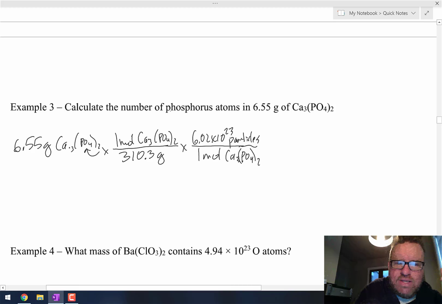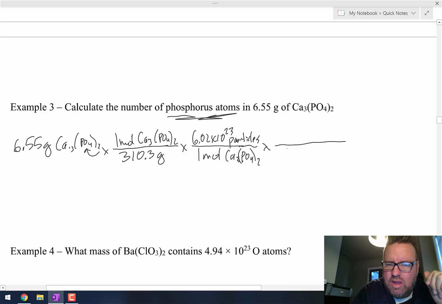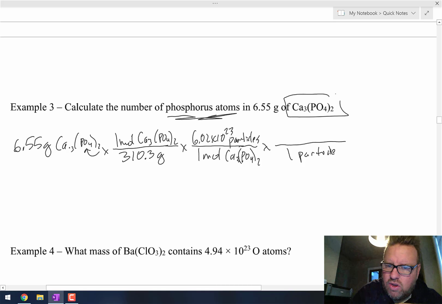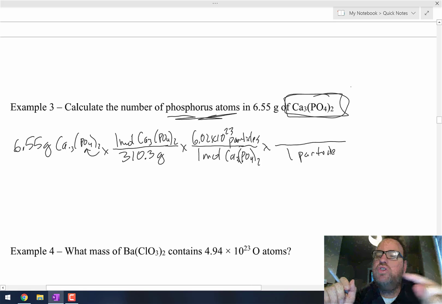And now they're asking the number of phosphorus atoms. Okay, so here's my last step: in one particle of Ca3(PO4)2, how many phosphorus atoms are there? And again, you look at the chemical formula, and you go, it's Ca3(PO4) parentheses 2.